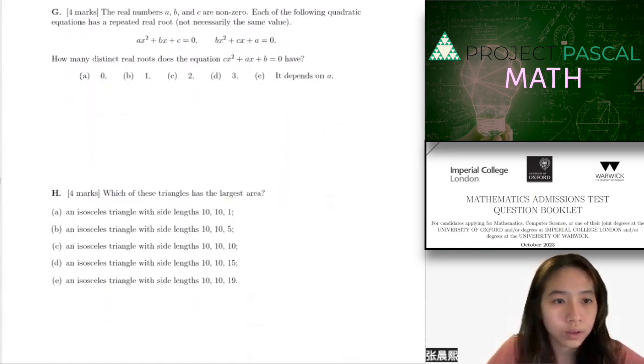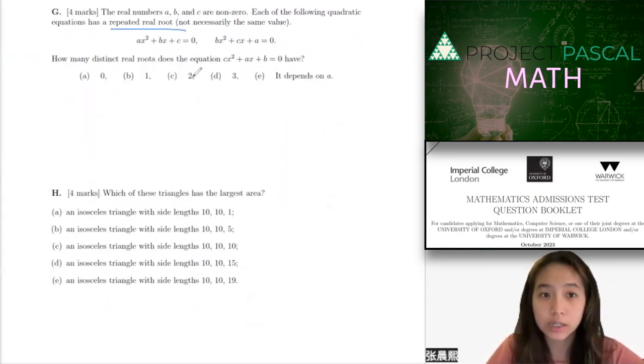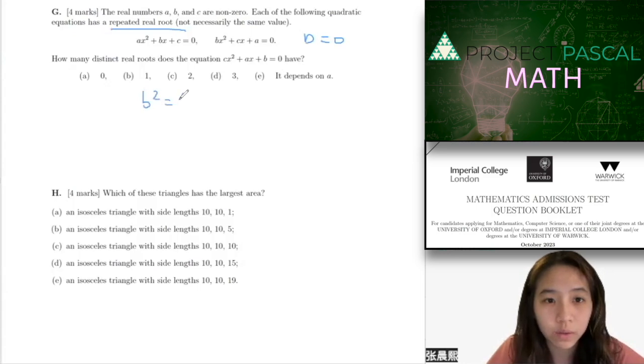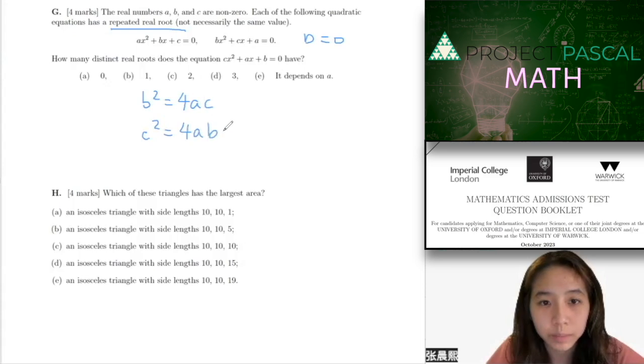And so moving on to G. So in G, it says that each equation here has a repeated root. So you know that the discriminant equals 0. Hence, B squared equals 4AC and C squared equals 4AB. So now you consider what A squared minus 4BC is.